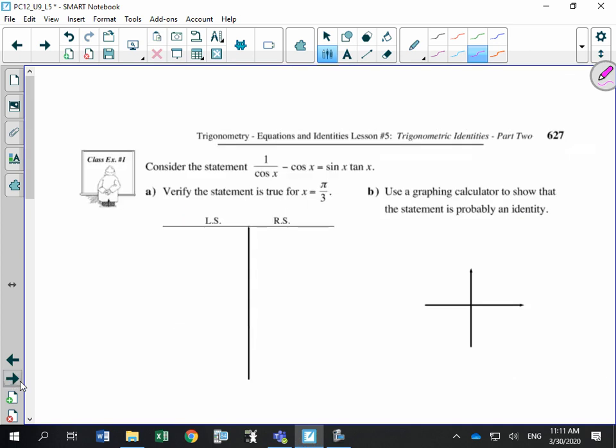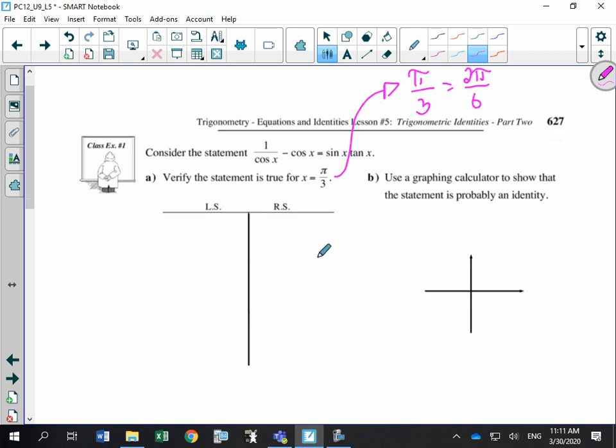Okay, so class example 1. Consider the statement 1 over cos of x minus cos of x is equal to sine of x tan of x. Verify the statement is true for x is equal to pi over 3. So just going back to our unit circle, if we were doing that counting method, remember that pi over 3 is the same thing as 2 pi over 6.